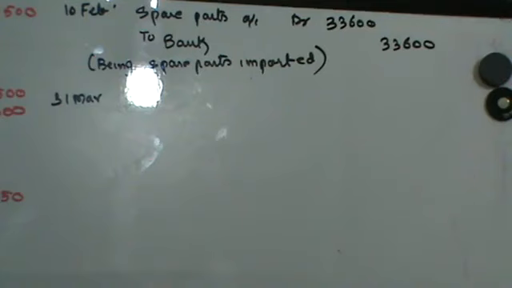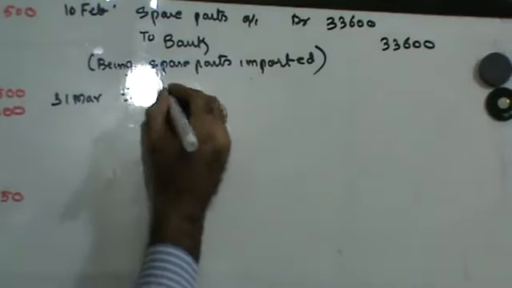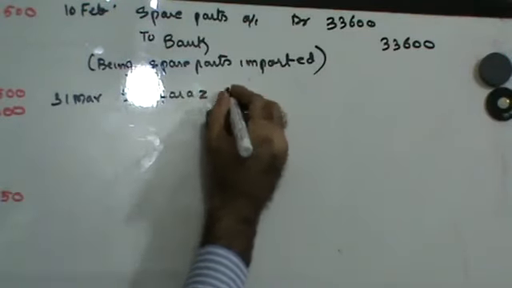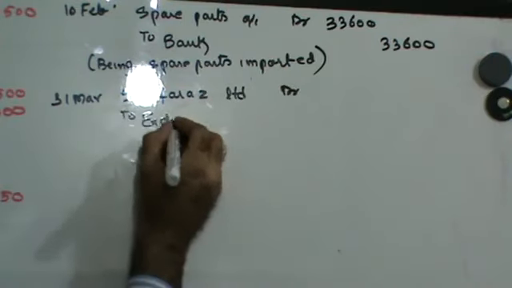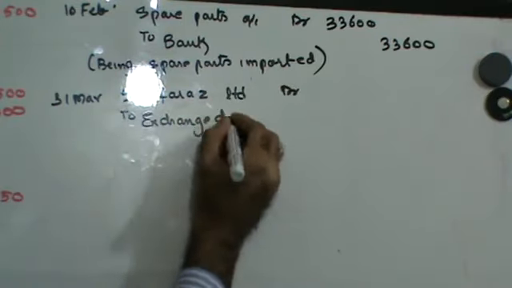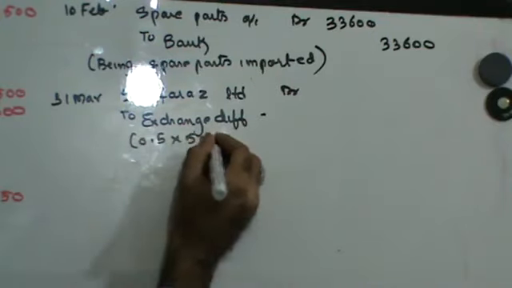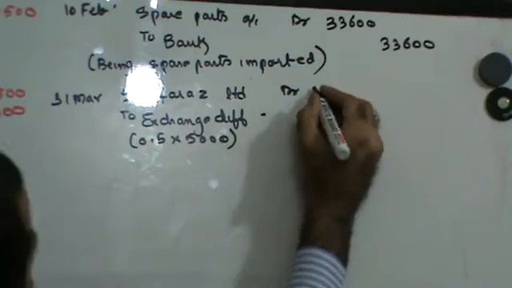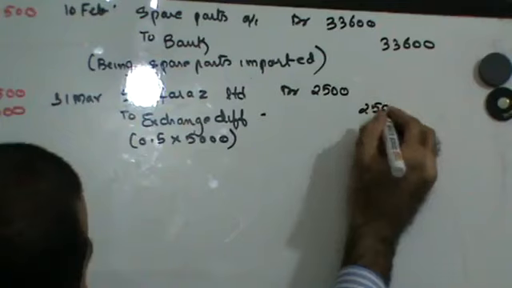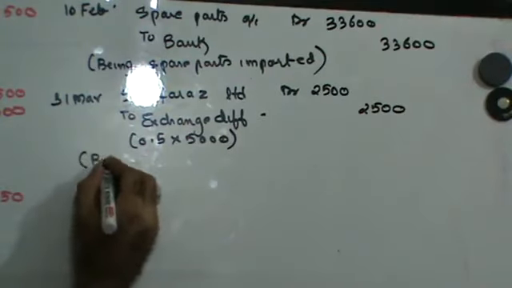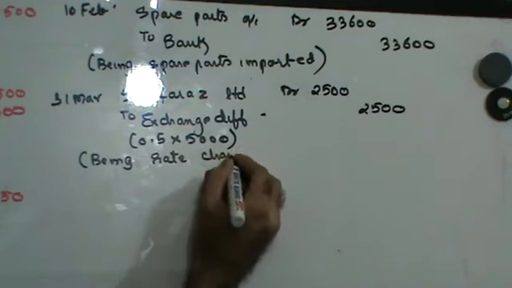I'm going to make a profit of 50 paisa. Profit means exchange difference on the credit side. Sarfaraz Limited debit to exchange difference. I'm making a profit of 50 paisa per dollar on $5,000 that were exported to Sarfaraz, 2,500, being rate changed.